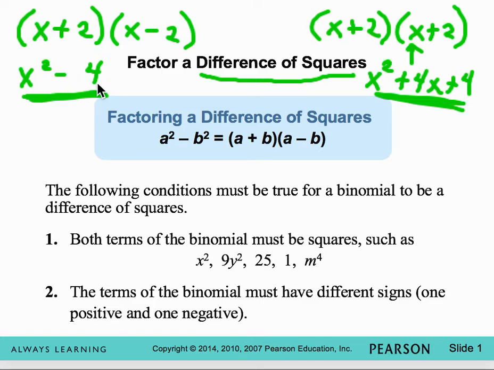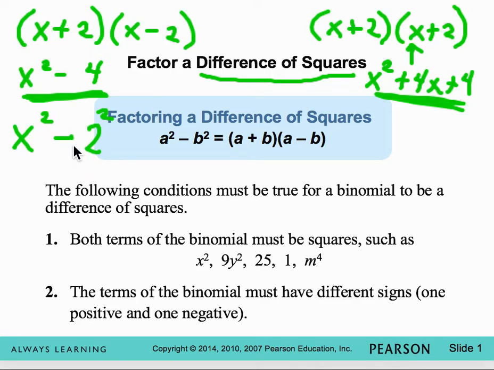Now, in order for 2 terms to factor, the first term has to be something squared, the last term has to be something squared, and there must be a minus in the middle. If those conditions hold, then I know how it factors. I just write the square root of each one in each binomial and then put a plus and a minus sign between them.